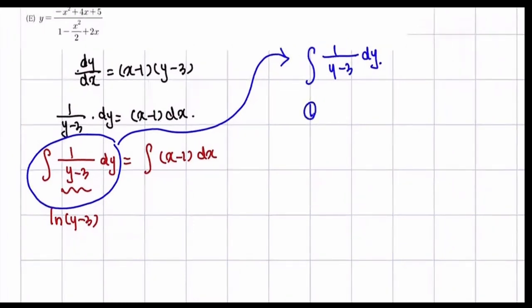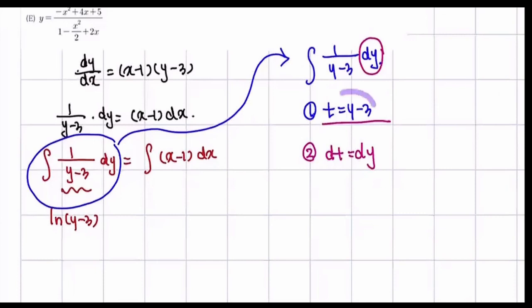Follow 3 steps. t equals y minus 3. To change this dy into dt, differentiate this equation on both sides: dt equals dy.